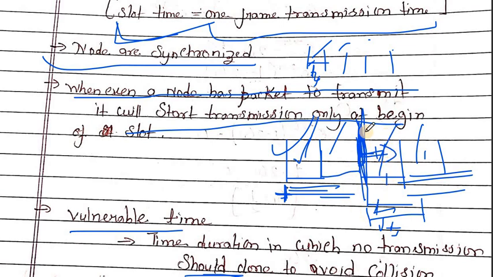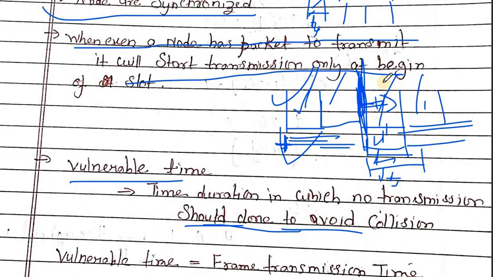When any node is transmitting its packet into the channel in T of x time, no other node should transmit its packet until that node completes its packet transmission.